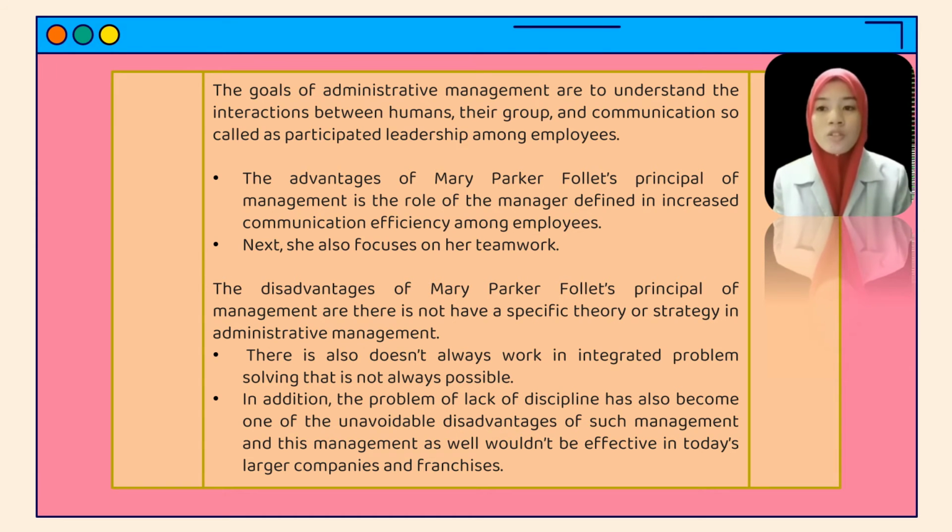Integrative problem solving also doesn't always work, as it is not always possible. In addition, lack of discipline has become one of the unavoidable disadvantages of such management, and this management also wouldn't be effective in today's large companies and franchises.